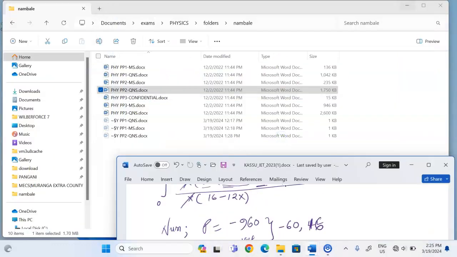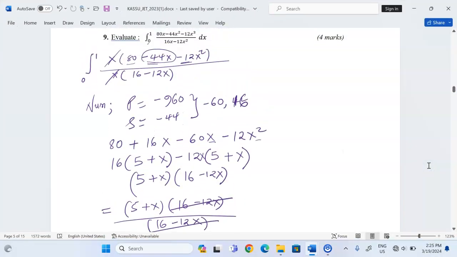What we'll be having here is the integral from 0 to 1 of 5 + x with respect to x.